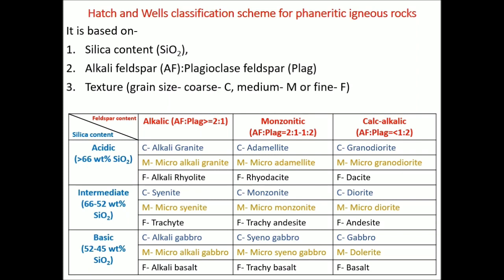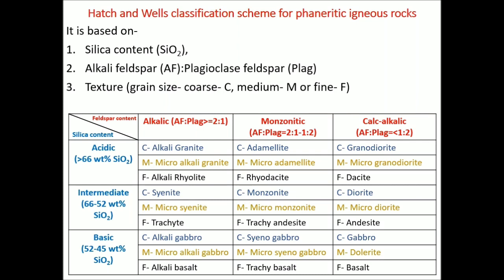On its x-axis you can see the feldspar content. Alkalic means the ratio of alkali feldspar to plagioclase feldspar is greater than 2:1, and syenitic means the ratio lies between 2:1 and 1:2, and calc-alkalic means just the reverse: the ratio of alkali feldspar to plagioclase feldspar is 1:2 or even less than that.